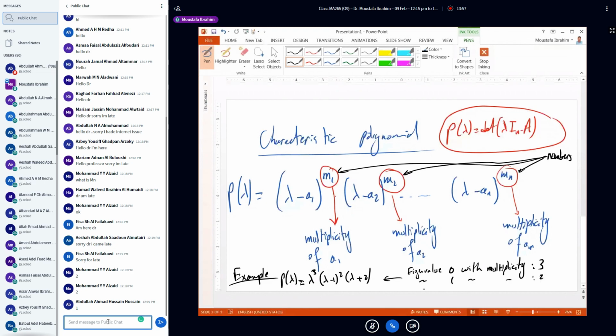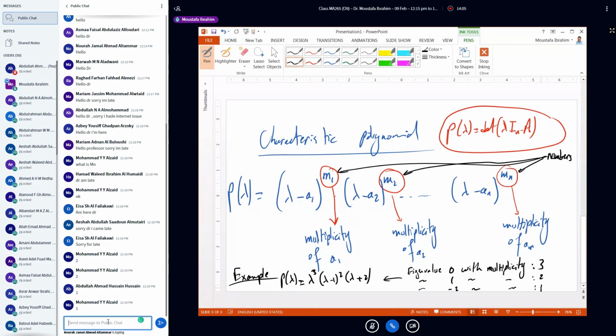And eigenvalue minus 2 has multiplicity 1. What matters is the power of each factor. So we have 3 eigenvalues with multiplicities 3, 2, and 1. If you add them, 3 plus 2 plus 1, we get 6, so the matrix is 6 by 6.